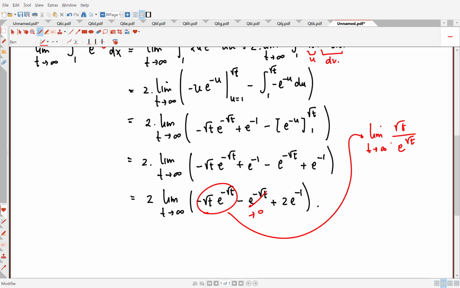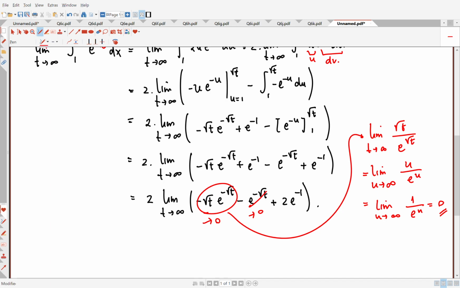I let u be square root t, so I have limit u tends to infinity of u over e to the power of u. So this is equal to, by L'Hospital's rule, 1 over e to the power of u, and this is equal to 0. So this also tends to 0.